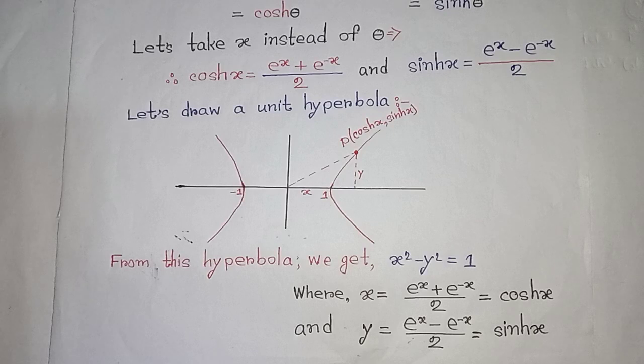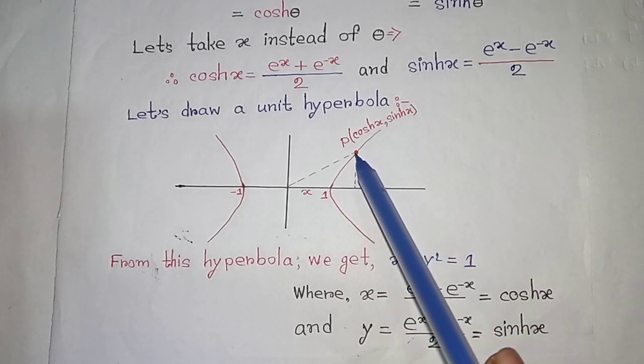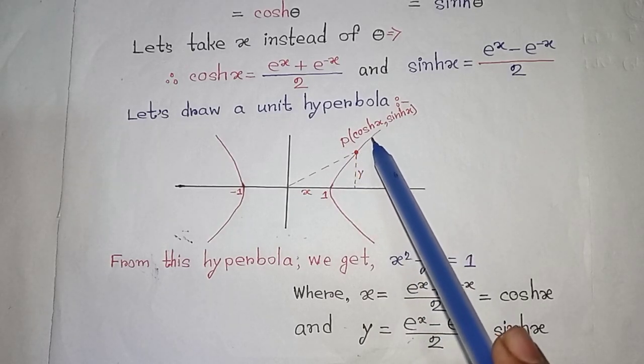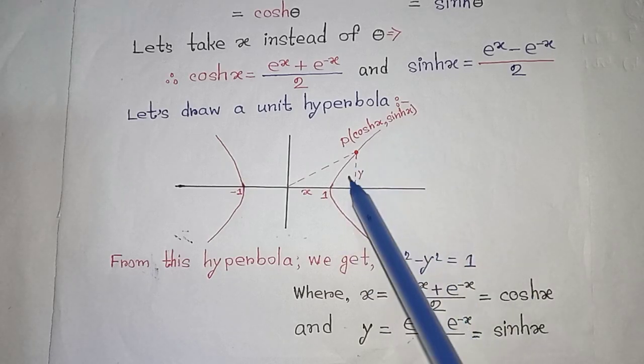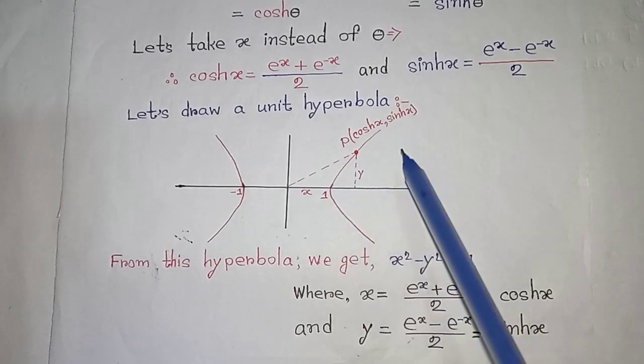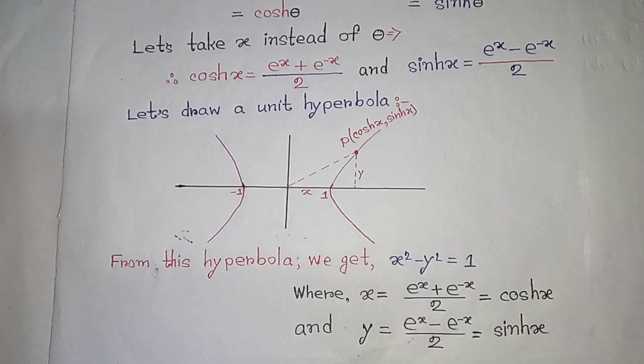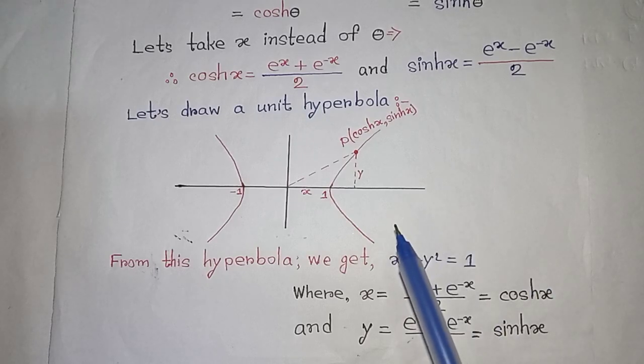Okay, then let's draw a unit hyperbola. If we draw a unit hyperbola, then we get this kind of figure. If we take a point named P, whose position is cos hyperbolic x, comma sin hyperbolic x, and we move this point along the hyperbola, then we can get the cos hyperbolic x and sin hyperbolic x graphs following the projection method.